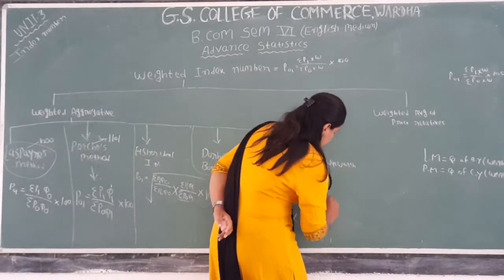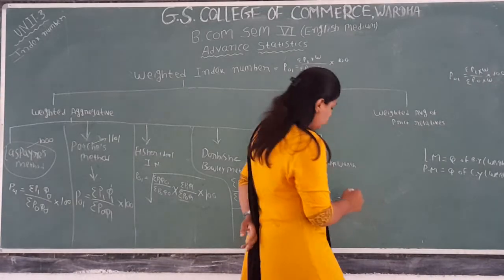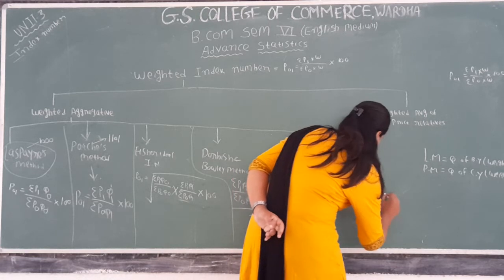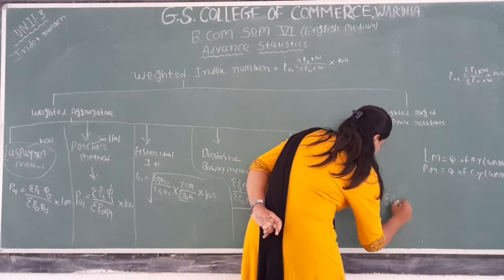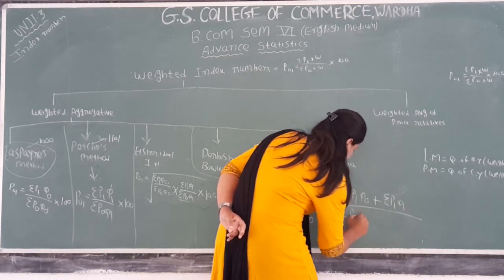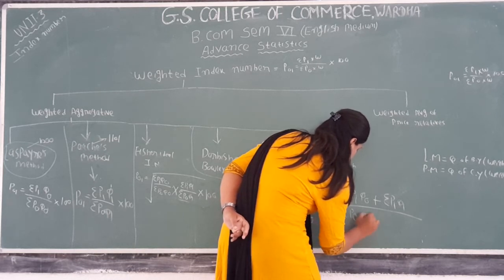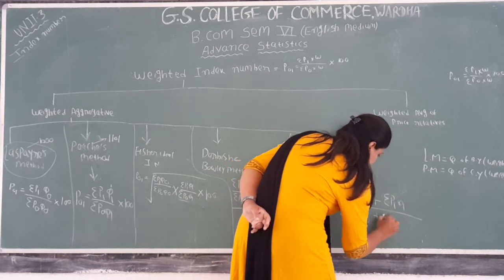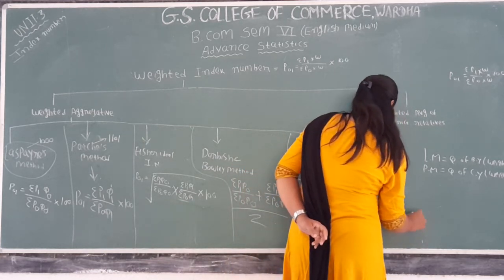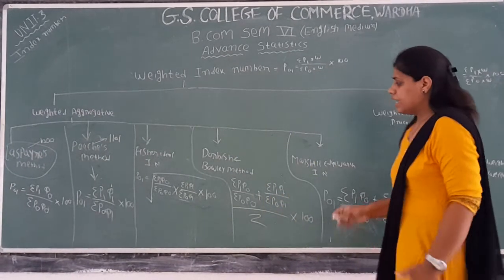It's going to be P01 is equal to summation P1 Q0 plus summation P1 Q1 divided by summation P0 Q0 plus summation P0 Q1 into 100. So this is the formula under the Marshall-Edgeworth index number.